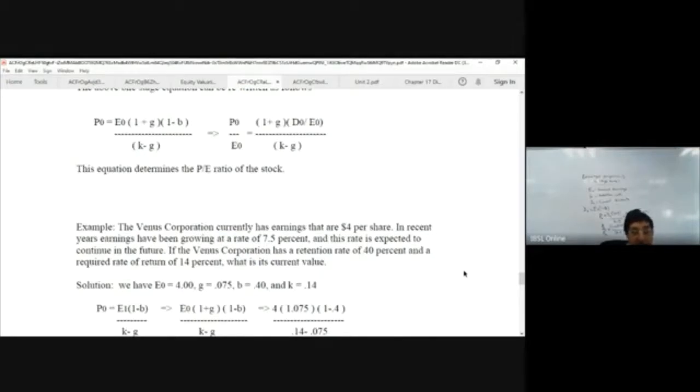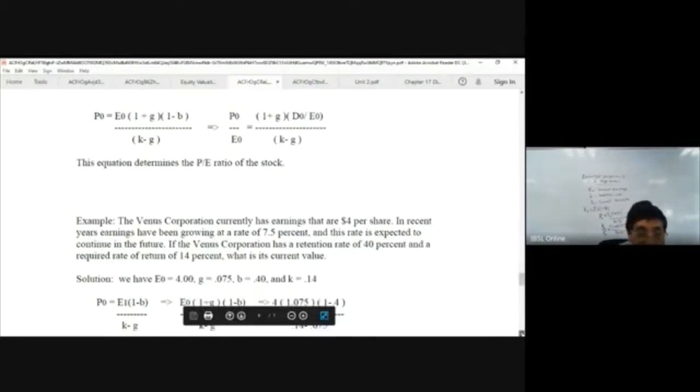In decimal form, it is 0.075. Retention ratio is also given. So then we are in a position to see the amount of dividends also. That's up to us to do whatever we want.